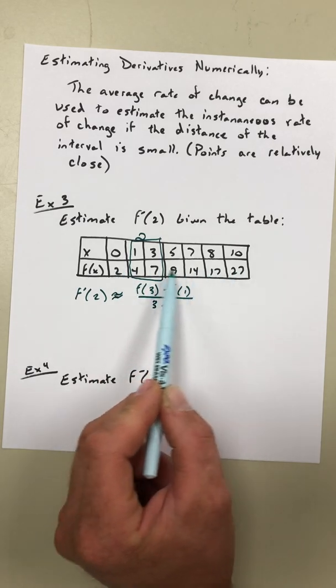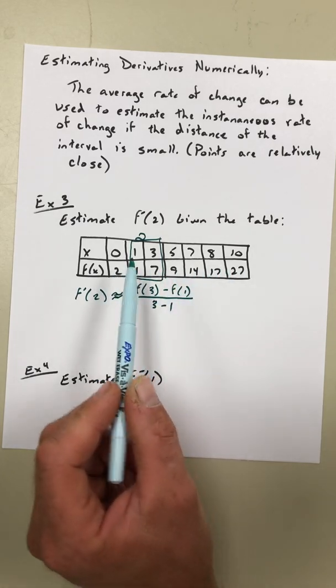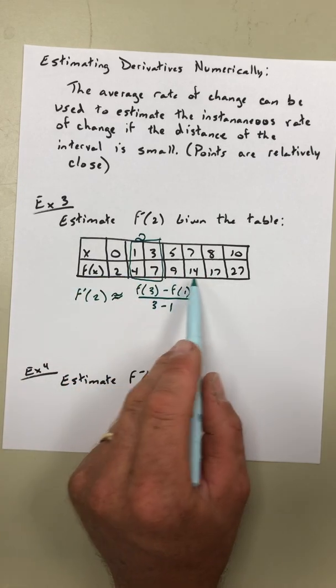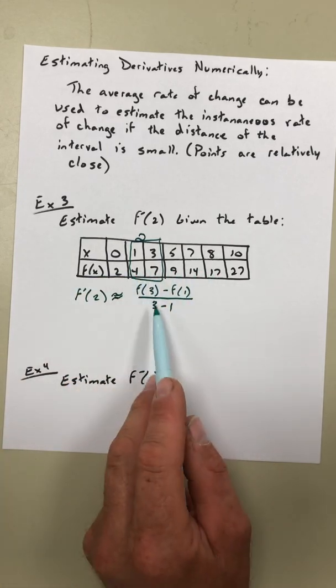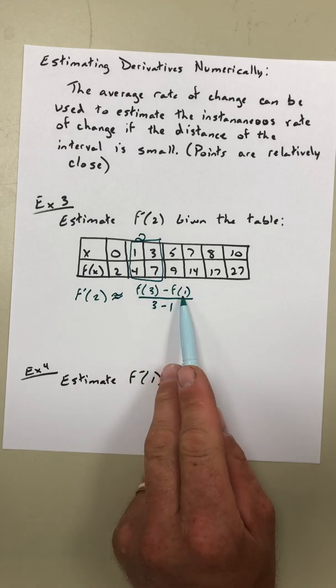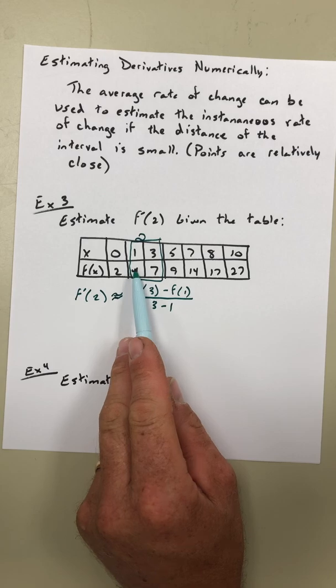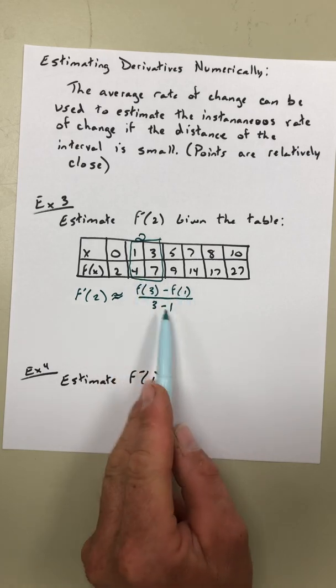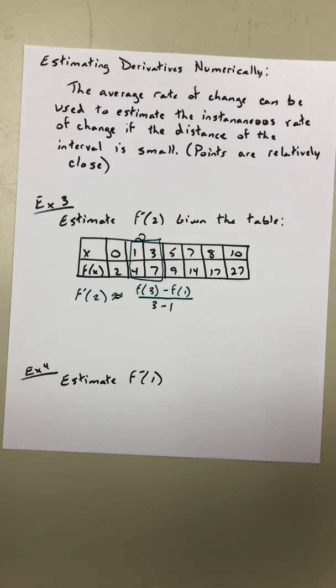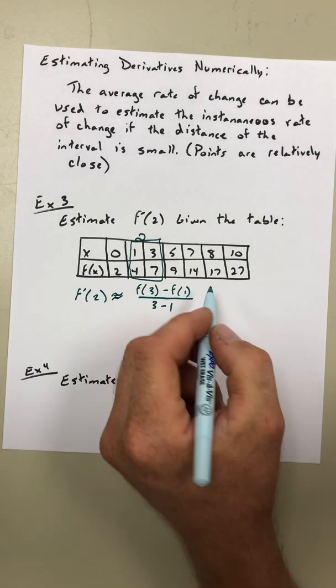They could be anywhere in this chart if they repeat. If instead this was a 4 and this was a 7, we wouldn't know which 4 or 7 we're talking about. But when I put f of 3, I know I'm talking about this box, and f of 1, this box. So it's very important that we have this notation to tell people exactly what values we're pulling.